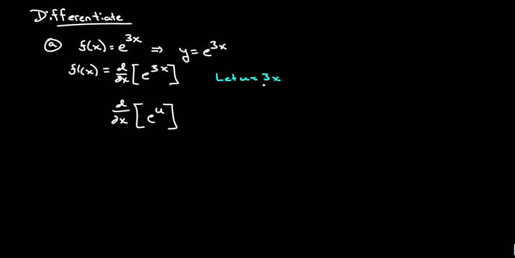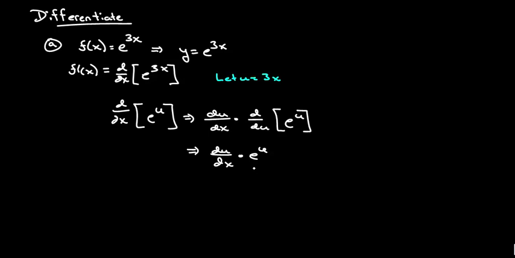So we use the chain rule, and that is du dx times d du of e to the u.